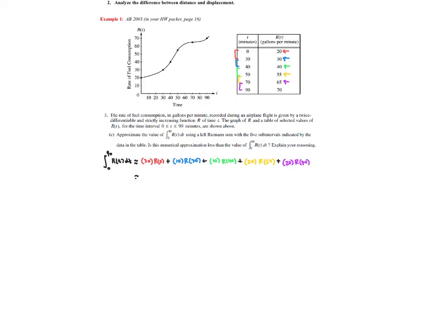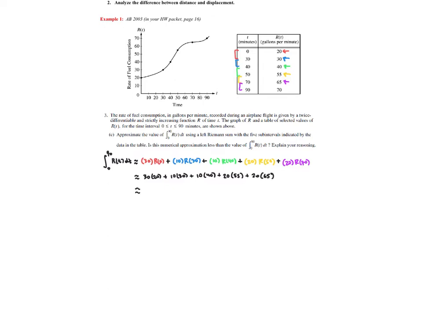Okay, let's put our numbers out here. That'll be 30 times 20 plus 10 times 30 plus 10 times 40 plus 20 times 55 plus 20 times 65.